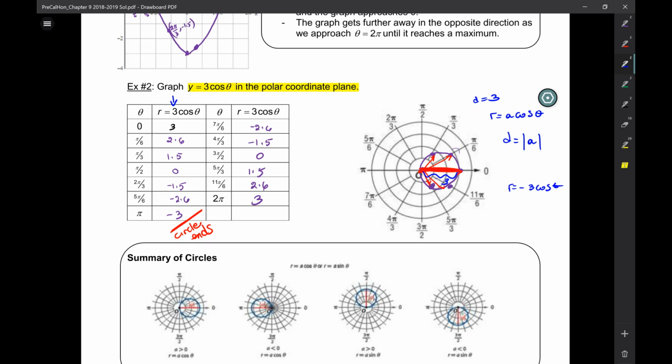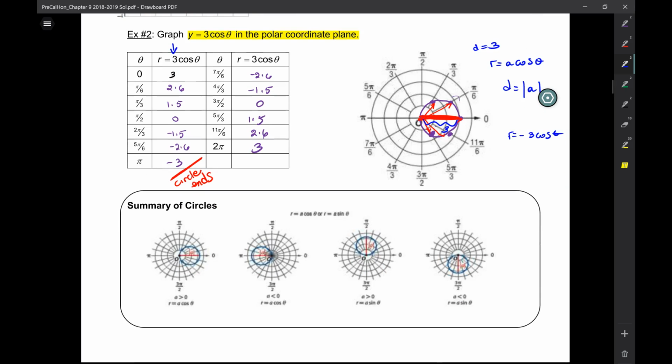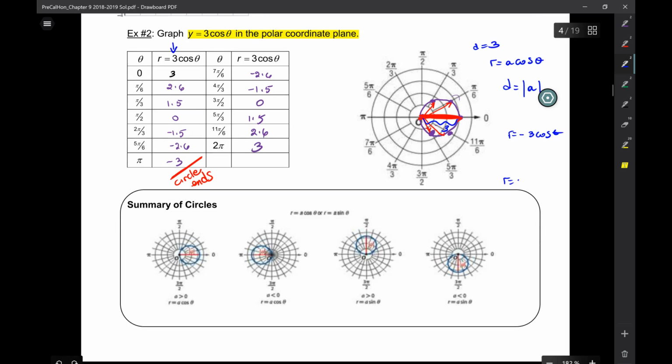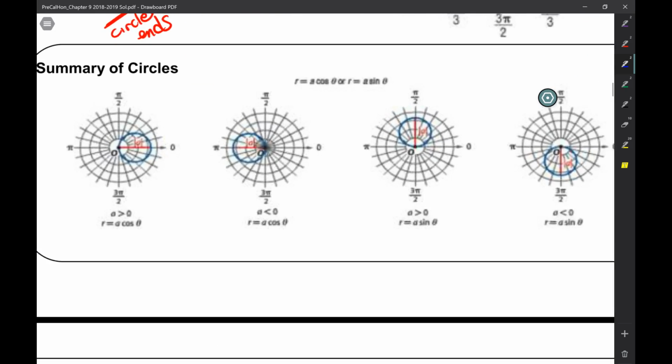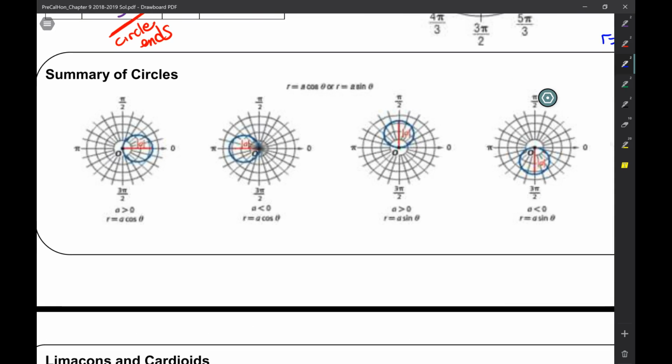Now, it could also be r equals a sine theta, all right? And if it's a sine theta, you could see here on the bottom, you still get a circle, but this time the circle is on the vertical pi over 2 axis, and if it's negative a sine theta, it's on the bottom, okay?